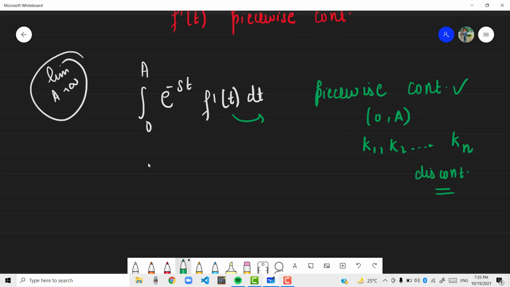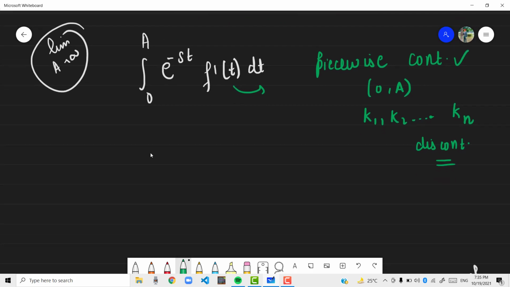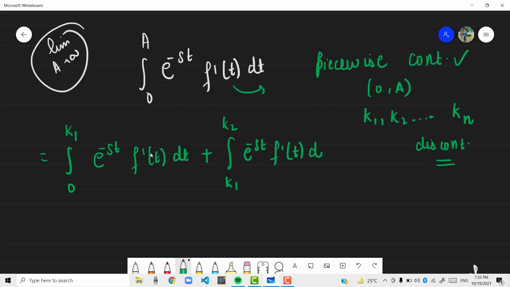So according to the definition of the integral हम इसको तोड़ सकते हैं from 0 to k1 e raised to power minus st f dash t dt plus k1 to k2 e raised to power minus st f dash t dt and so on, कहाँ तक, kn to a e raised to power minus st f dash t dt.